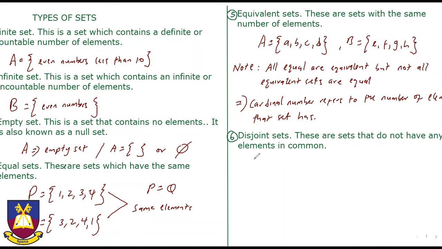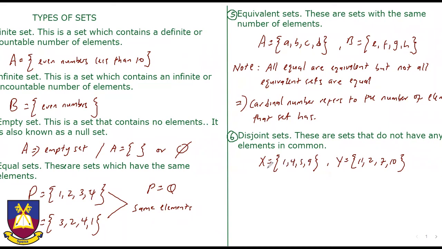For example, if I have set X, which is having elements 1, 4, 5, and maybe 9, and I have Y, which has elements 11, 2, 7, and maybe 10, then X and Y are said to be disjoint sets because they don't have any element in common.